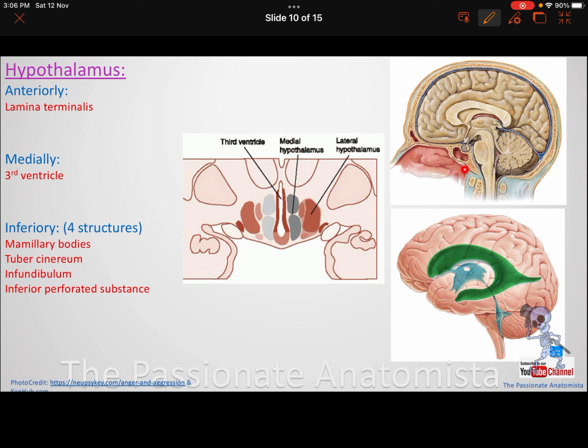And you also have the inferior perforated substance. So inferior to the hypothalamus, you have the mammillary bodies, and the tuber cinereum, which is the elevation below you, and from that you get the stalk of the infundibulum, which holds the hypophysis, or your pituitary gland. That is all related to the pituitary.